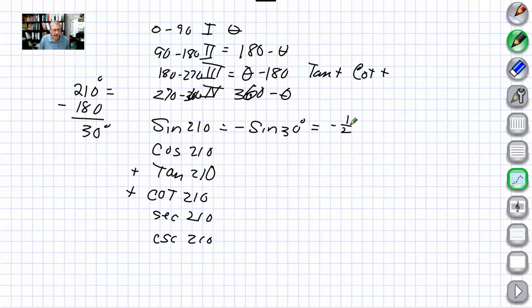I'm referring to mine. Okay, cosine of 210 would still be negative cosine of 30 degrees. What's the cosine? After a while, you have these memorized. Negative radical 3 over 2, because we're going to use them quite a bit. What about the tangent? Well, that's going to be positive. That would be the positive tangent of 30. All students, negative.